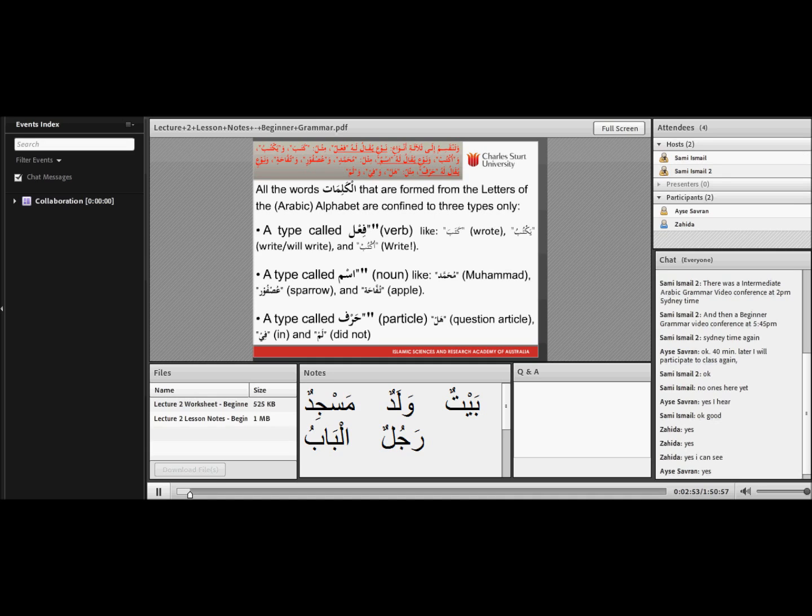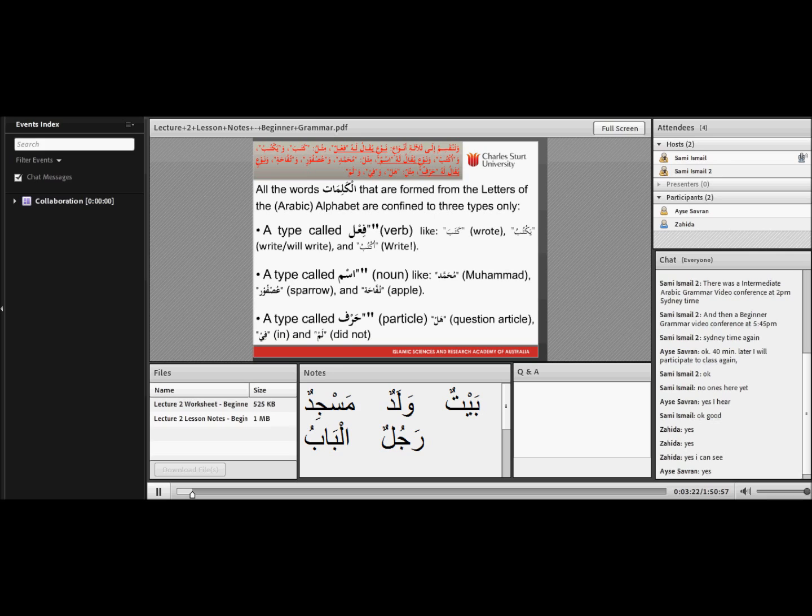So all the words al-kalimat that are formed from the letters of the Arabic alphabet are confined to 3 types only. So what that means is that all the words in the Arabic language, no matter what they are, must come under these 3 categories and nothing else. So it's only these 3 categories and nothing more than this.